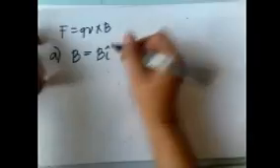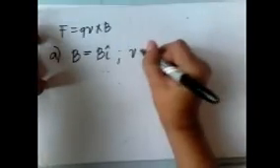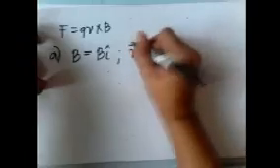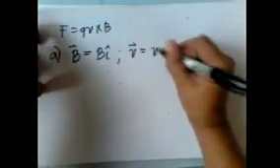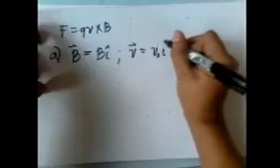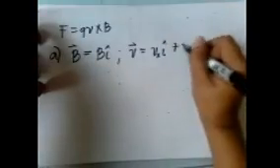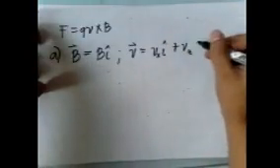So here in part A, we have the magnetic field along the x-axis, and the direction of our vector V is Vx i hat plus Vz k hat.